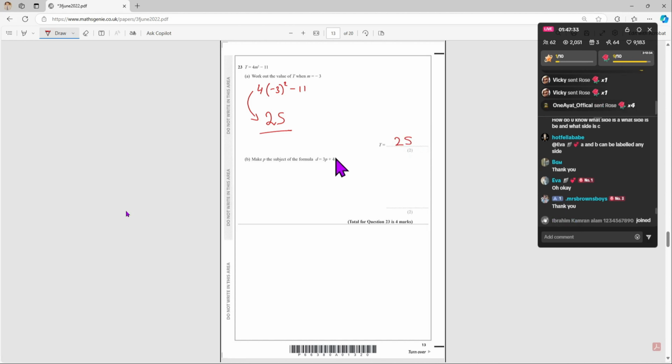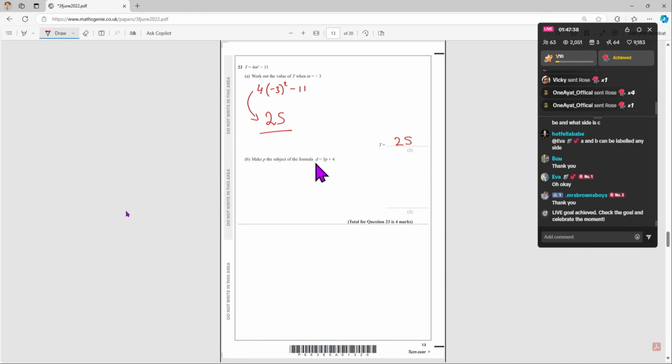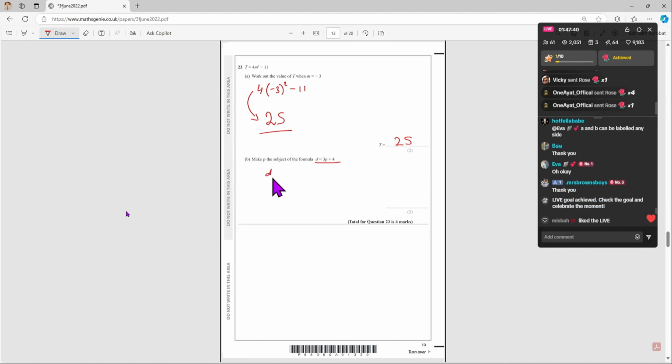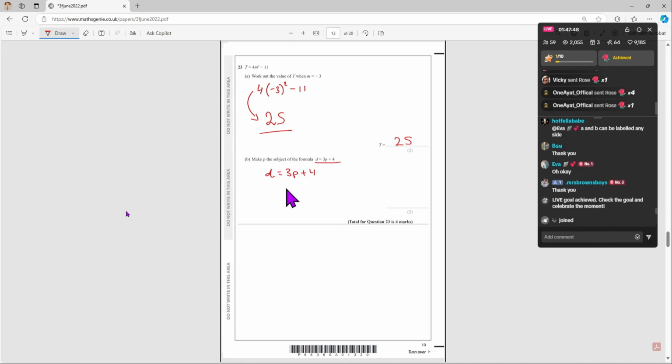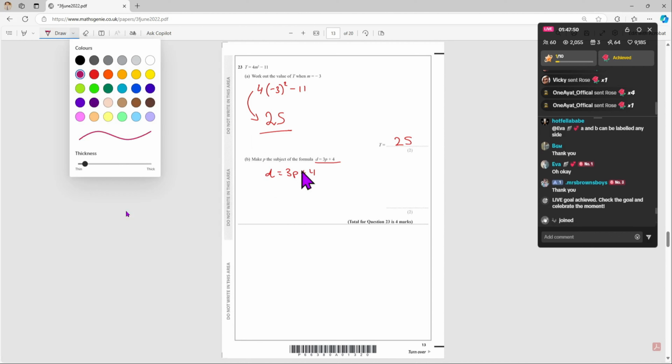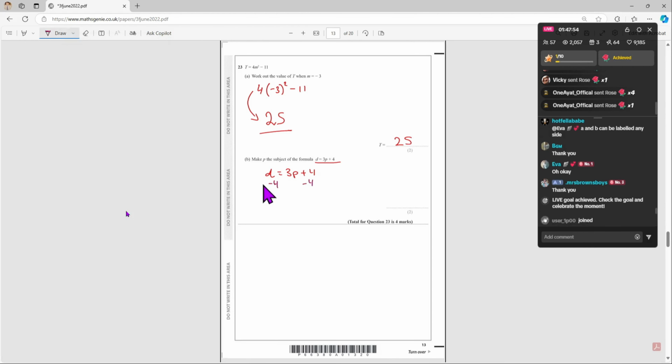And lastly, make P the subject of the formula. We have D is equal to 3P plus 4. First thing you want to do is minus 4 from both sides because you want to make P on its own. Minus 4 on both sides gives you D minus 4 is equal to 3P.